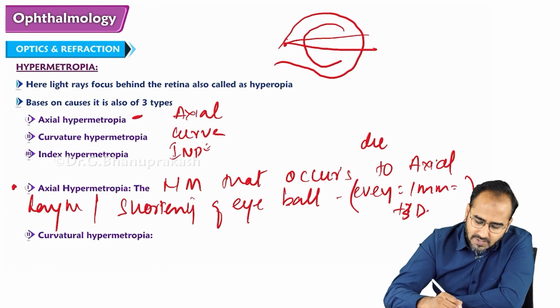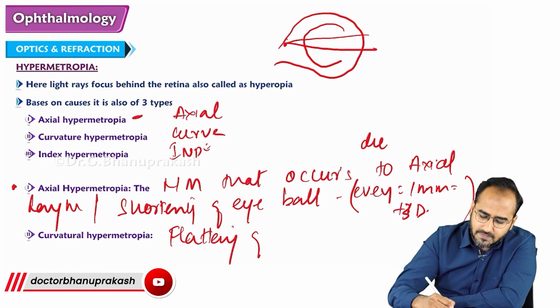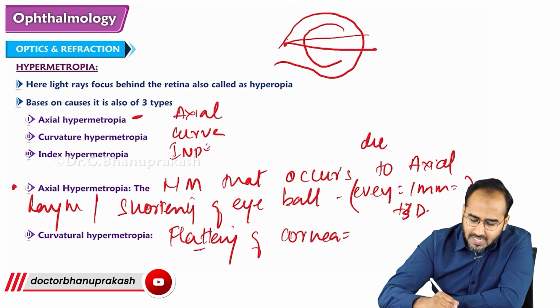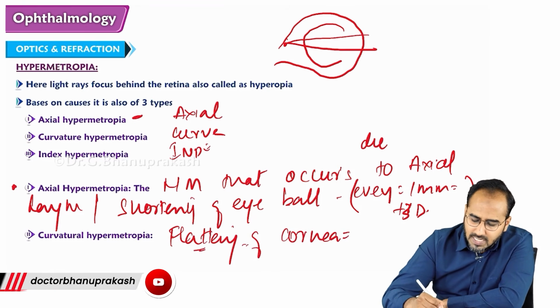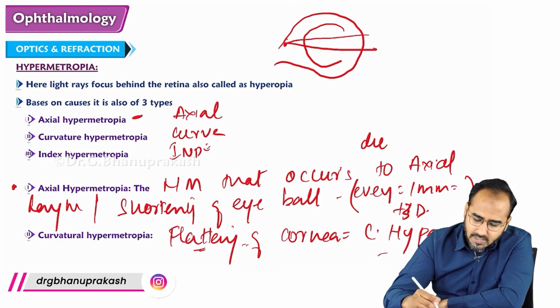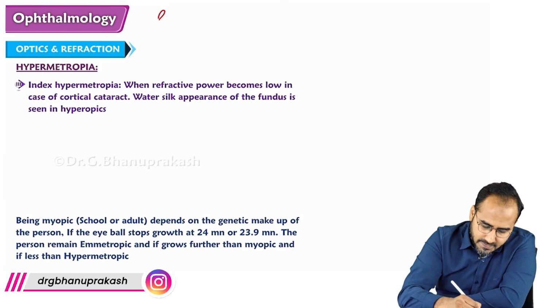Curvatural hypermetropia means what, guys? Flattening of the cornea can lead to curvatural hypermetropia, right?